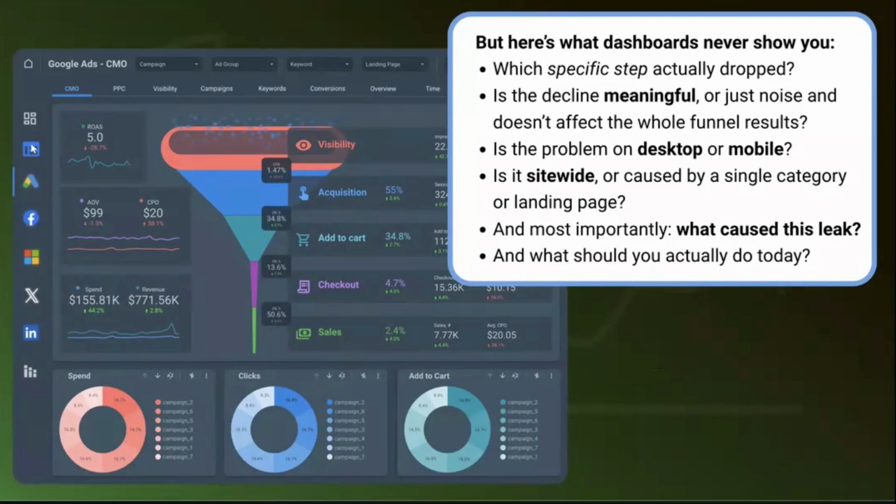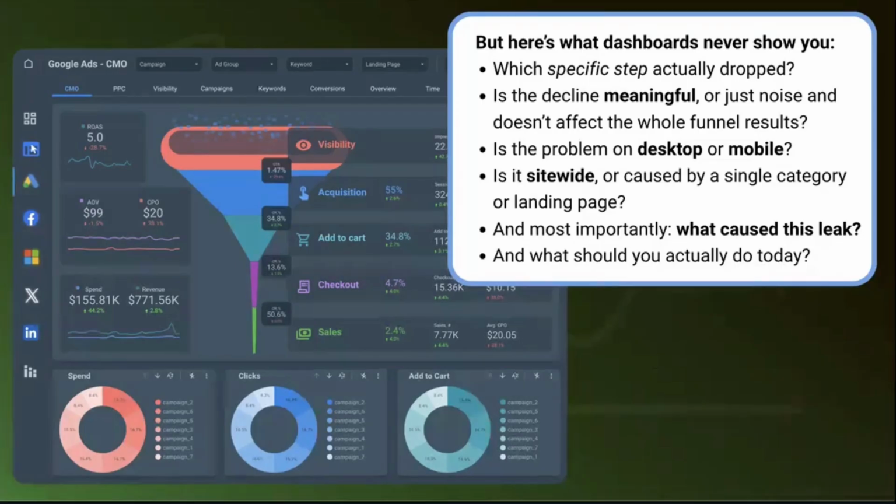Is the problem on mobile or on desktop? Are they new visitors or returning visitors? Who is struggling? Is it site-wide, or is it caused by a single product category or a single group of landing pages? And most important, what actually caused this?